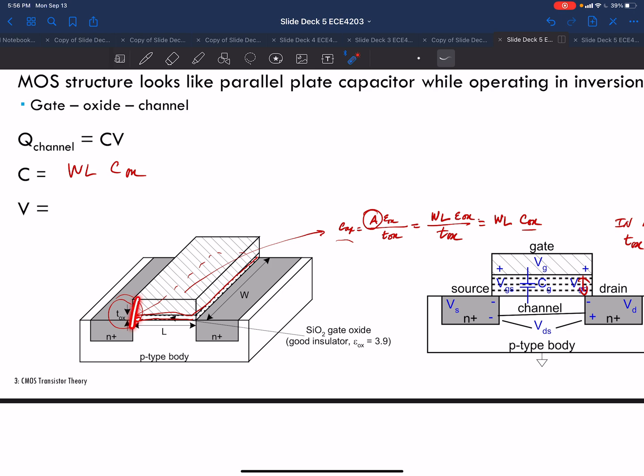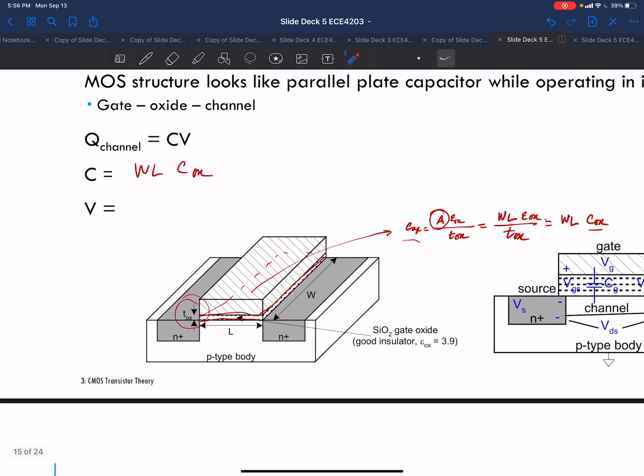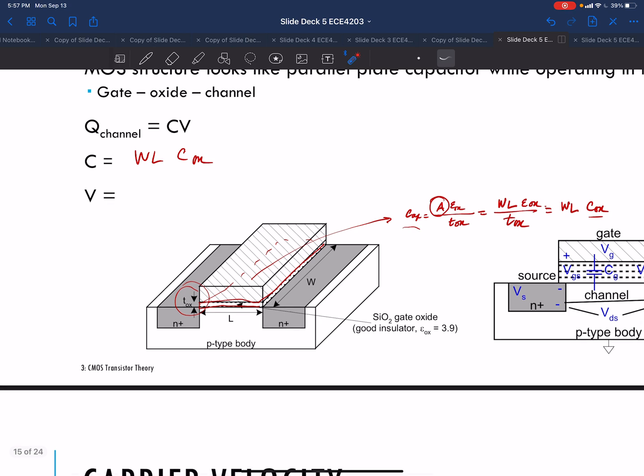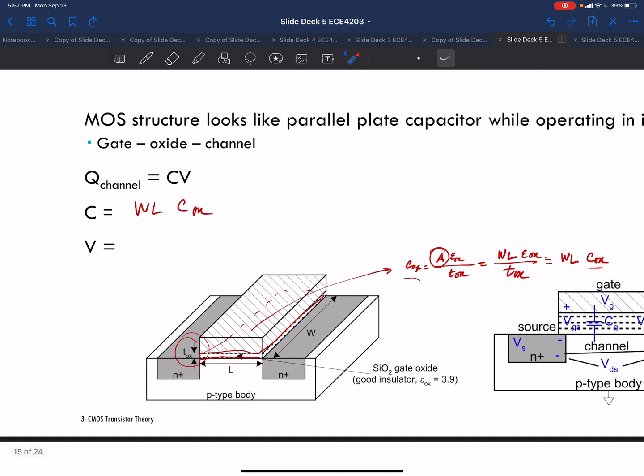At this point, it's the gate voltage minus the source voltage minus the VT. At this point, it's the gate voltage minus the drain voltage minus VT. So we're going to assume that the entire channel is an average of these two values.